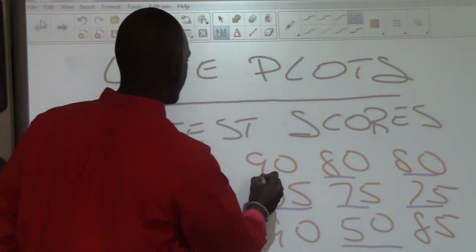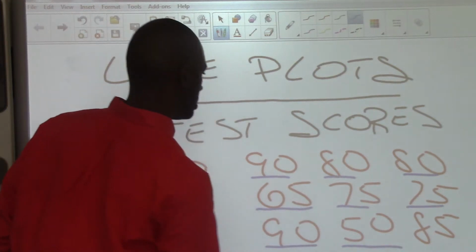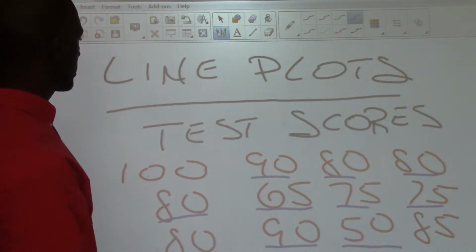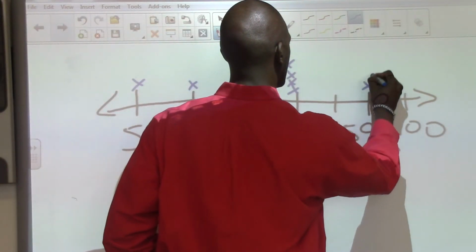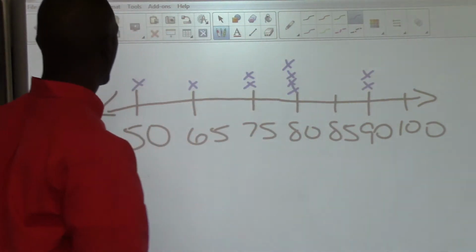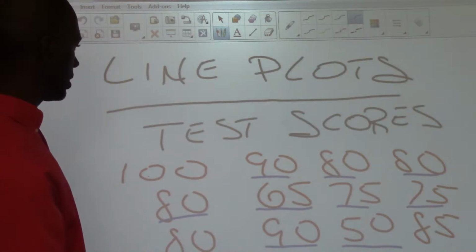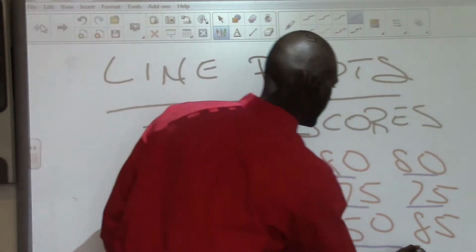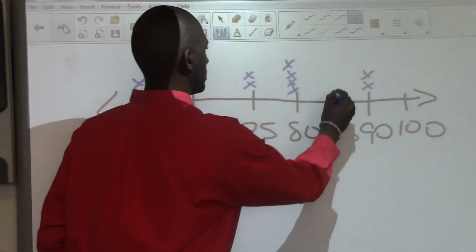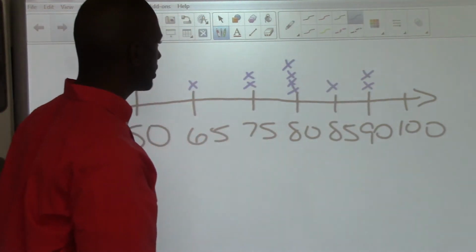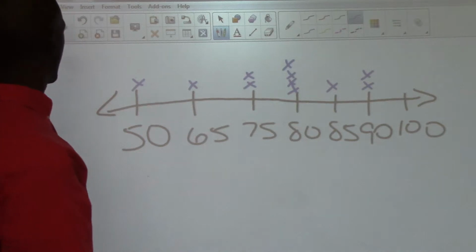We have 1, 2 90s. We're going to place 2 X's above the 90. We have one 85, so we're going to place 1 X above the 85.